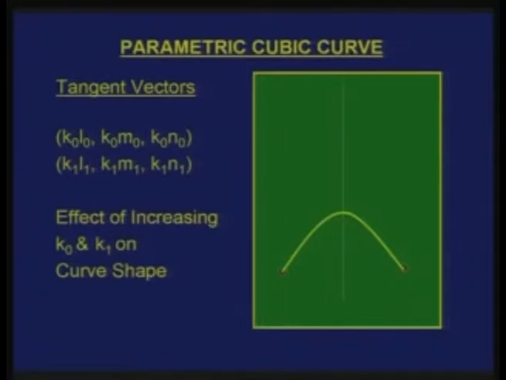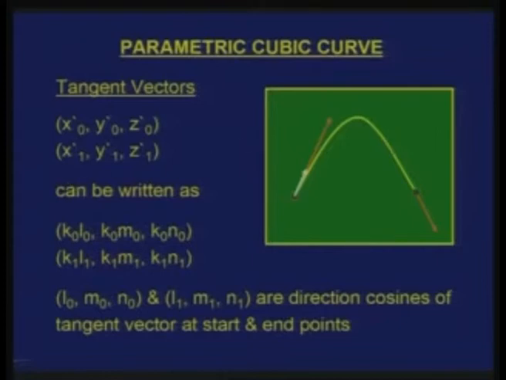That is true with a parametric cubic curve, and I can just show you. Here is a simple example. This curve is defined by 2 tangent vectors, with K0 as one scalar value and K1 as another. What happens if I increase K0 and K1? I have a certain magnitude which is continuously increased, and I should get different curves.